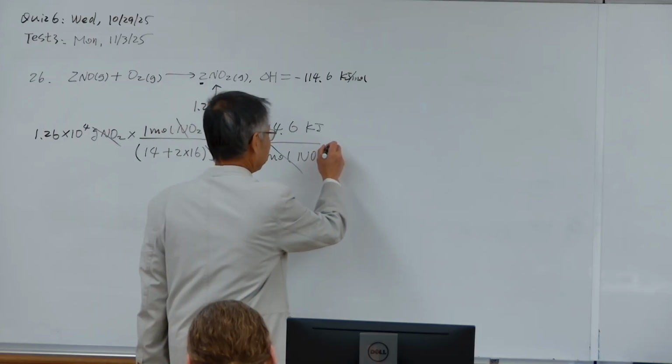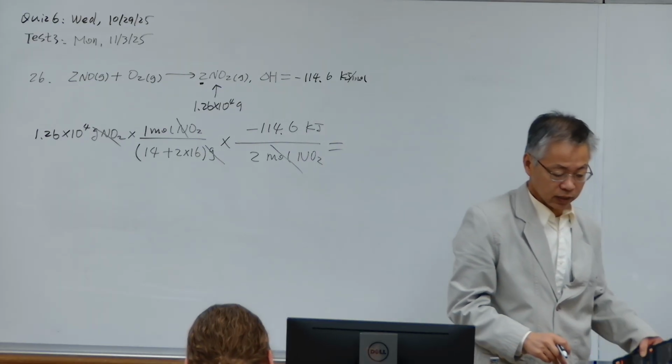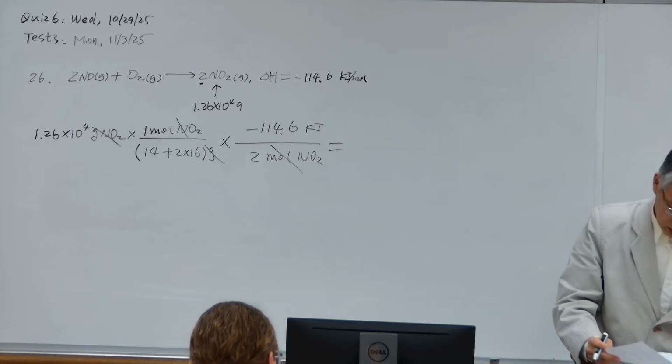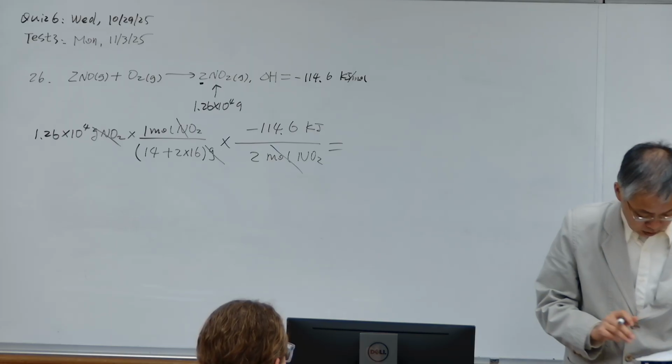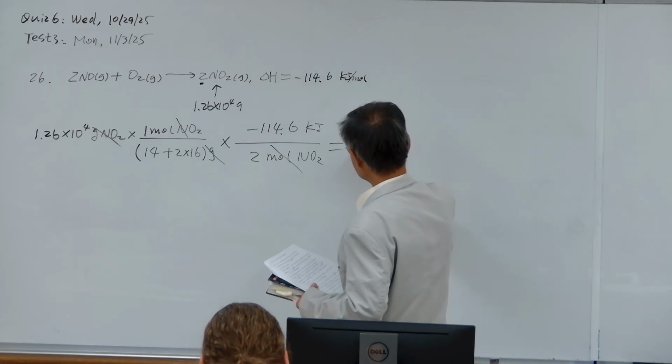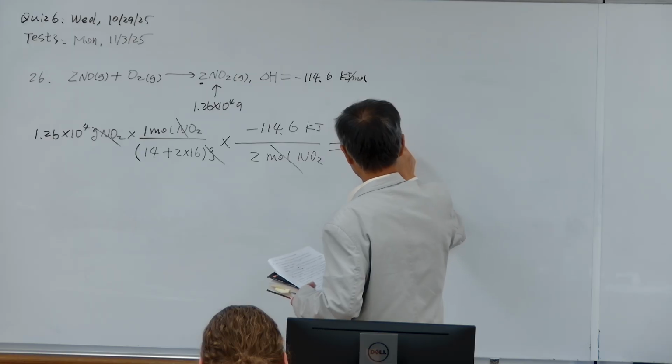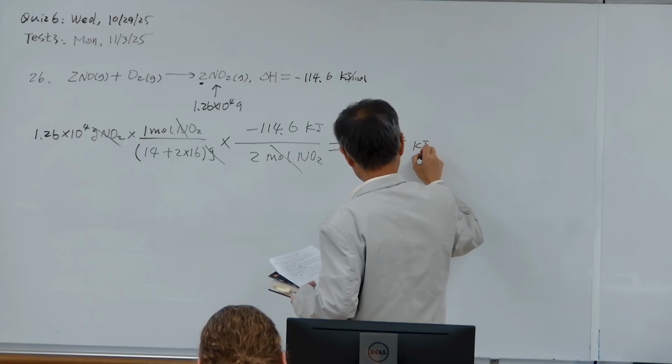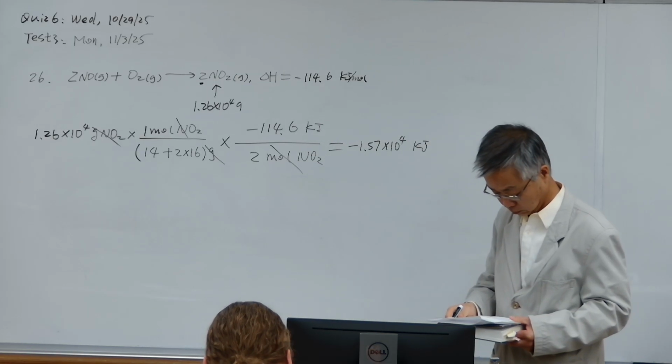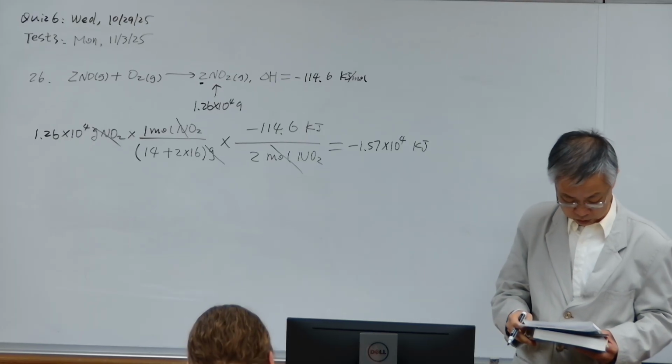Use a calculator, you can easily get the number: negative 1.57 times 10 to the fourth power kilojoule of heat will be released.